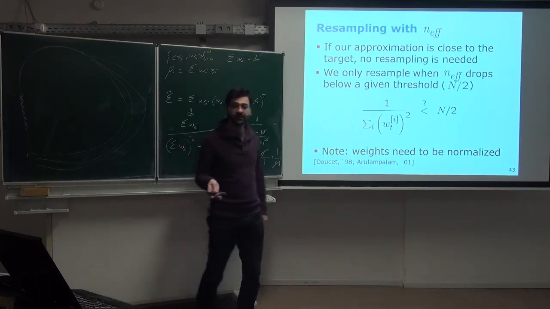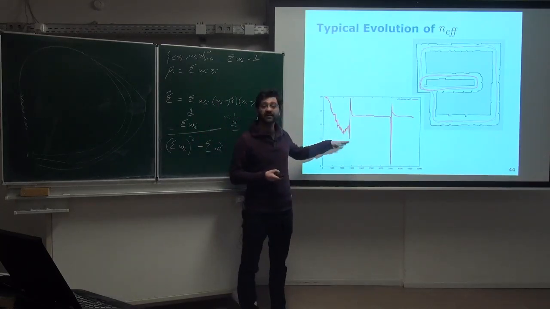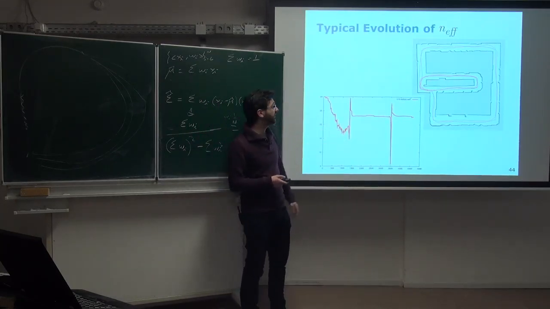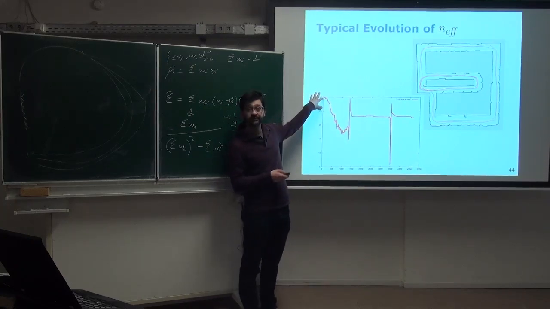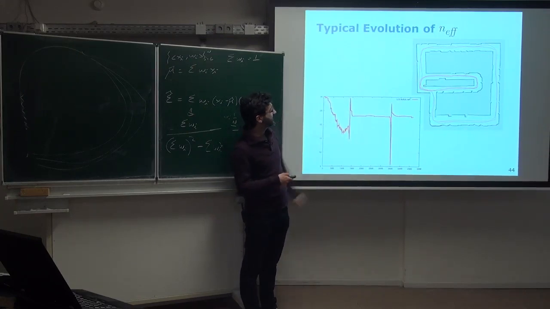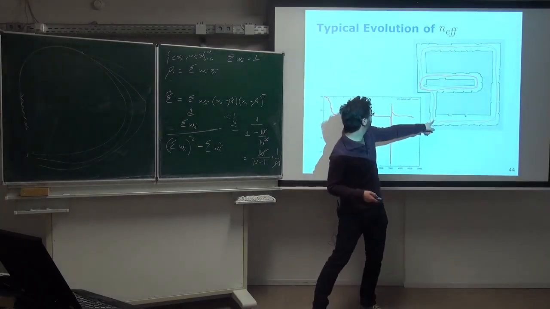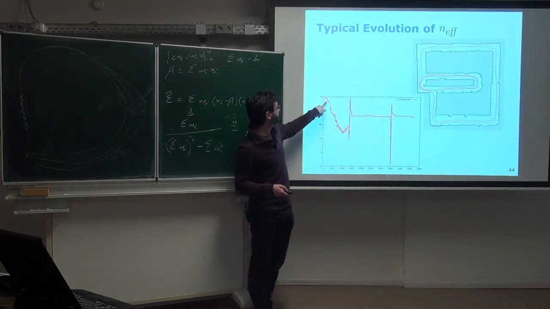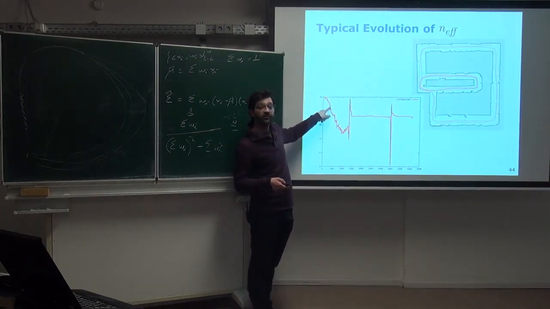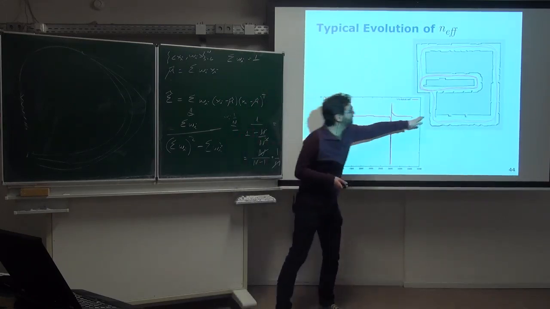So here you can have an idea of how this number of effective particles behaves in reality. We start here with our filter, and I think the robot starts around here. It goes up here, and you can see that there is a slow decrease of the number of effective particles. That's because over time, some of them have a higher weight, some of them have a lower weight, according to how they are sampled.